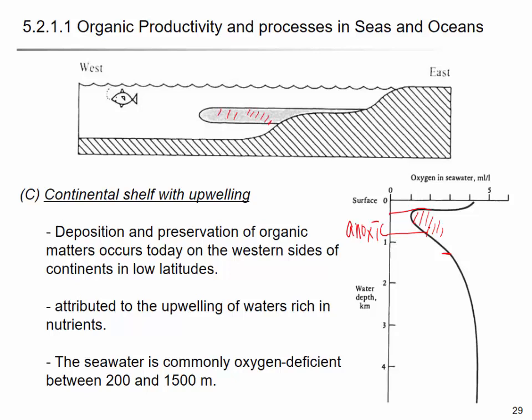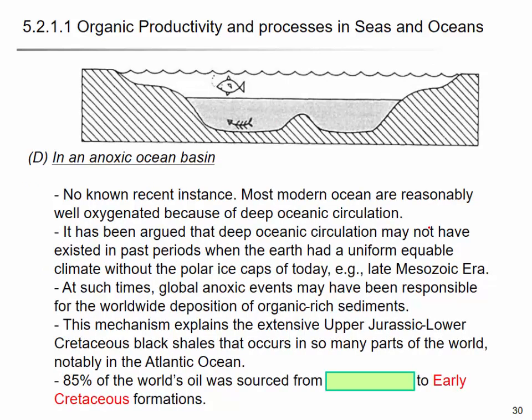And the last is an anoxic ocean basin, so a very deep ocean. There's no recent instance of this. Most modern oceans are reasonably well oxygenated because of the deep ocean circulation.